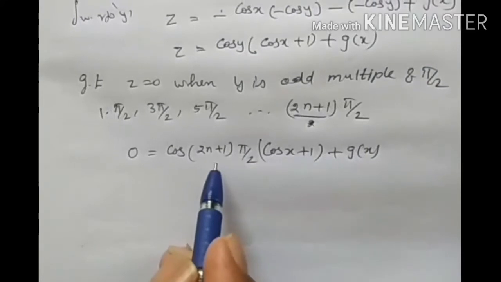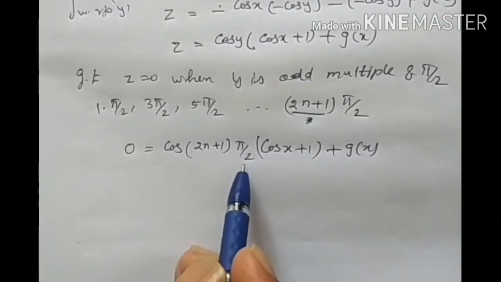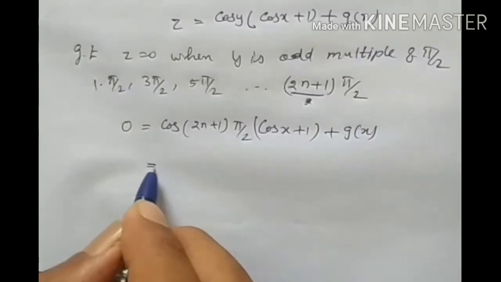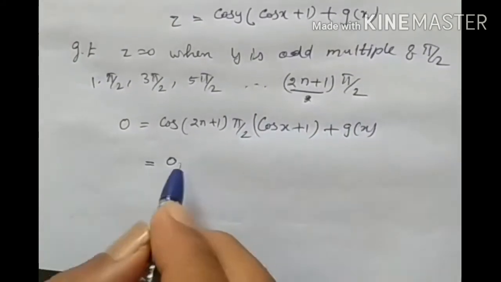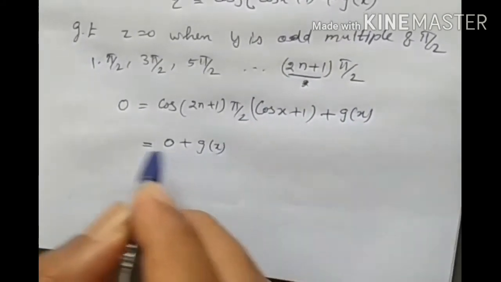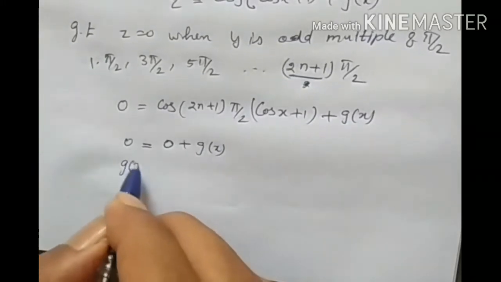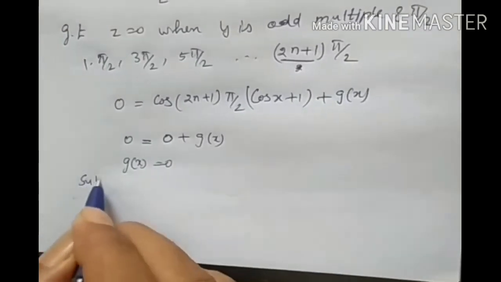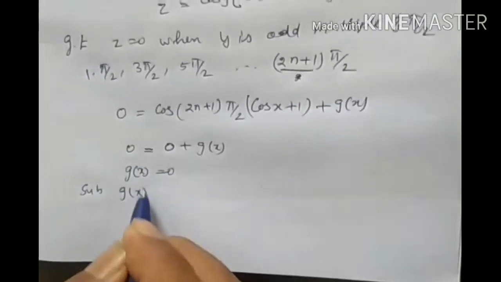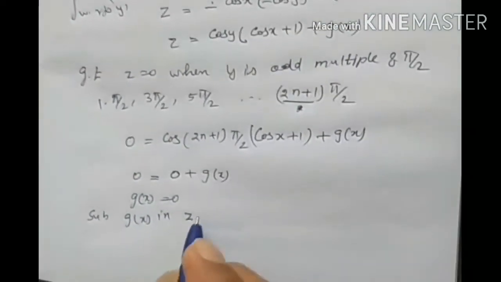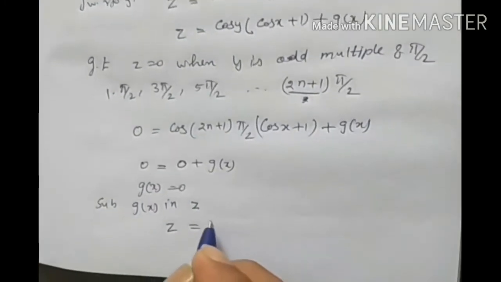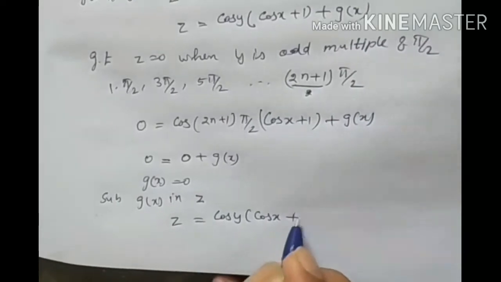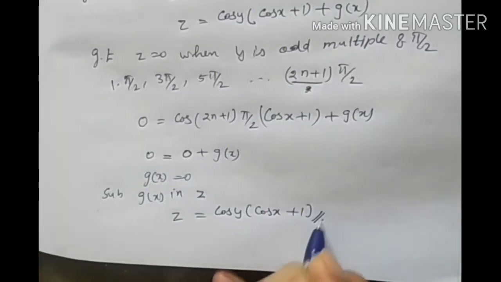Any odd multiple of pi by 2 for cos is 0. So the complete term becomes 0 plus g of x. So g of x is 0. So we substitute g of x in z. So we get the answer z equal to cos y into (cos x plus 1).